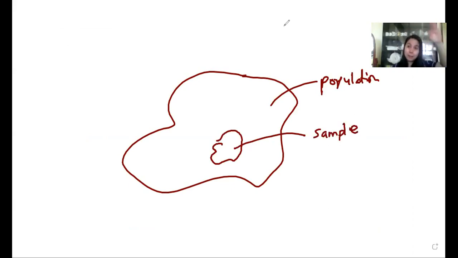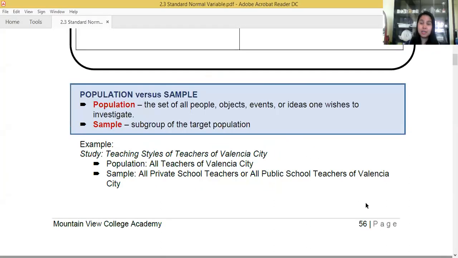Again, population refers to all your target respondents, while if you say sample, it is just a part. For example, the population can be all teachers of Valencia City, and the sample will only be the group of private school teachers or the group of public school teachers of Valencia City.